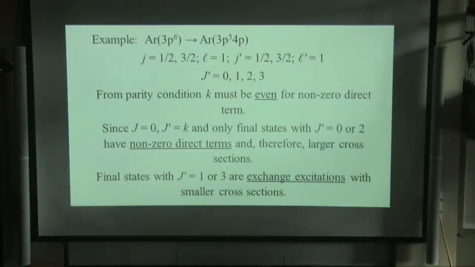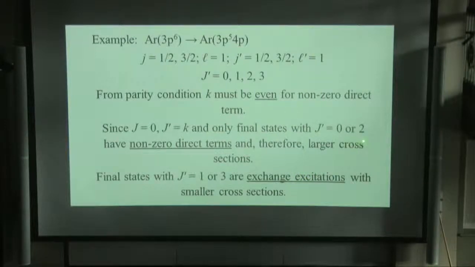L prime is 1. So the final values of J, there are actually 10 of them, but they cover the range from 0 to 3. But from the parity condition, because both L's are 1, L prime plus K has to be even, so K has to be even.